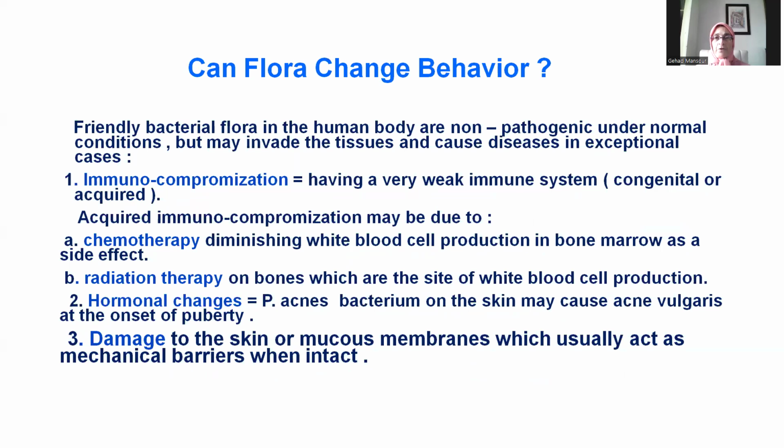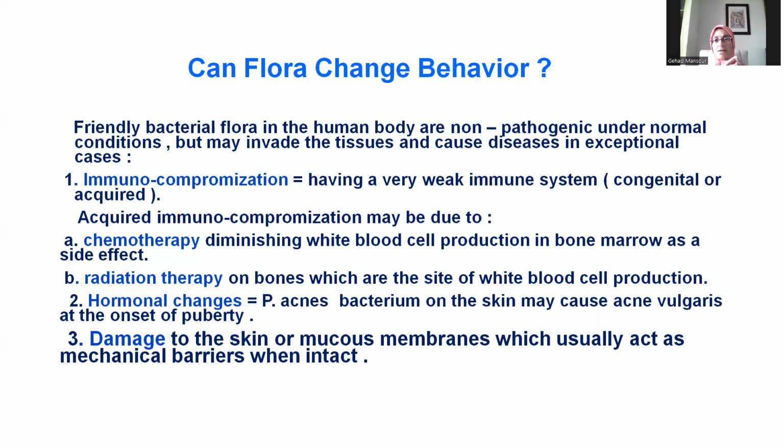Now, if we have a friendly flora or a group of friendly flora, can they change behavior and become pathogenic? Yes, they can. I might ask you to justify this statement. There are several important causes. Number one, immunocompromisation.